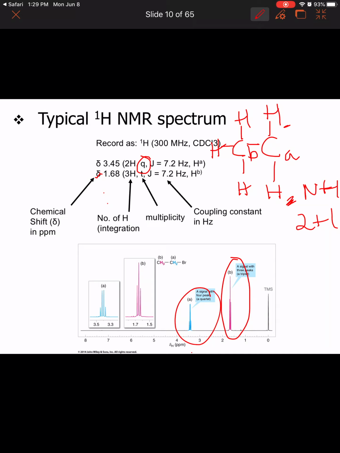Okay, and then we don't know what the other part is. Remember, we have a bromine also. And in order to identify what is next to carbon A, we should be given maybe the molecular formula or some other information.